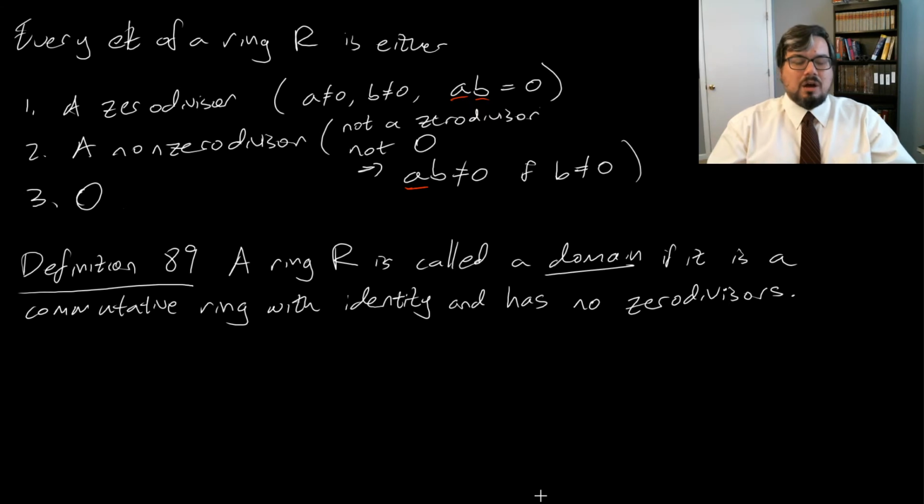So a ring R is a domain if it's a commutative ring with identity and has no zero divisors. This term is sometimes called an integral domain. Some people use the term integral domain rather than simply domain, and the reason for that is because these are some of the most important properties that the ring of integers has. And so an integral domain is supposed to be a ring that behaves like the integers.